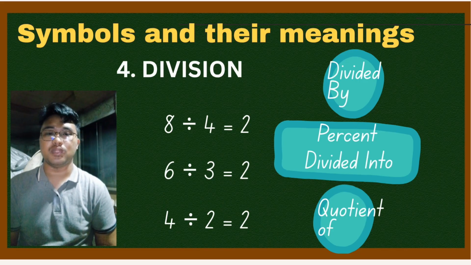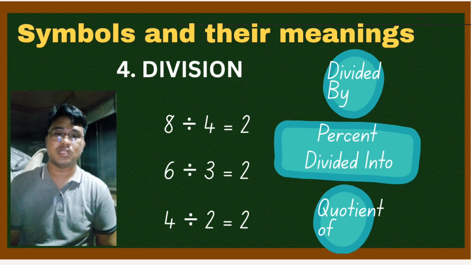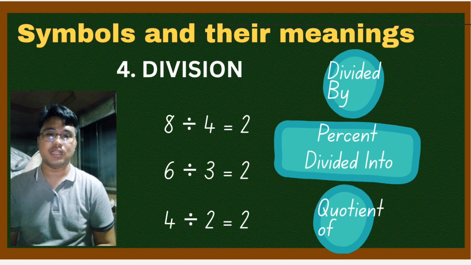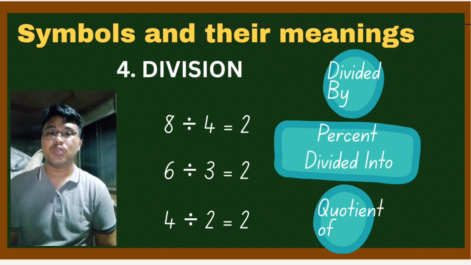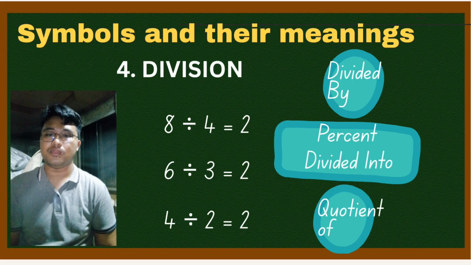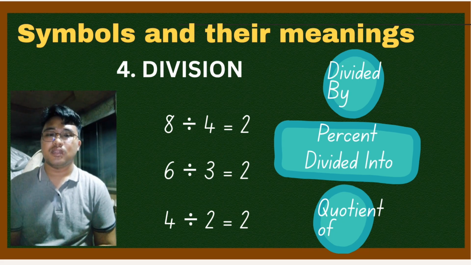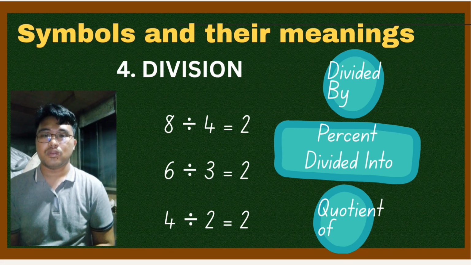The next example is 6 divided by 3 equals 2, which means 6 is divided into 3 equal parts and each part is 2. So the division sign can also mean divided by, divided into, quotient of, and percent.